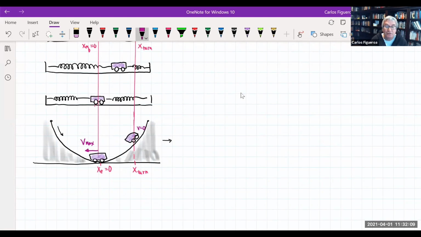It starts at V equal to 0, and then it goes to V max. Not a surprise, right? If you go to the bottom of the hill, you would expect to be moving fastest at that point.